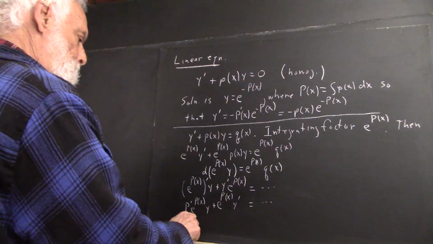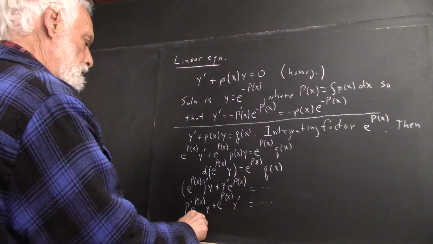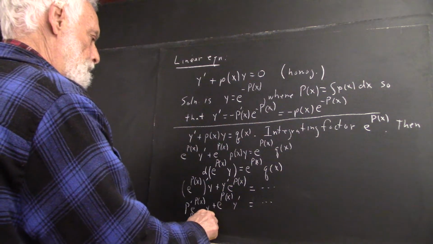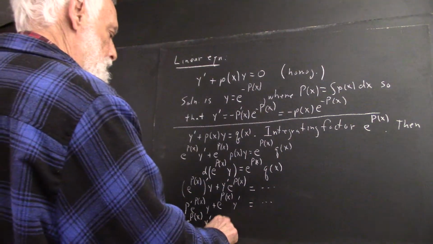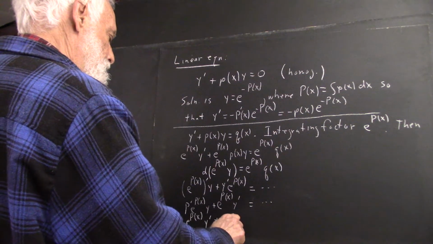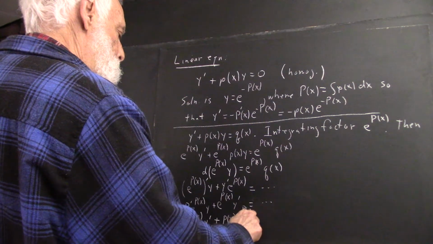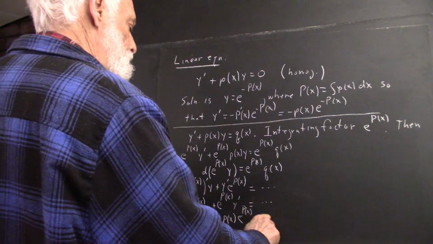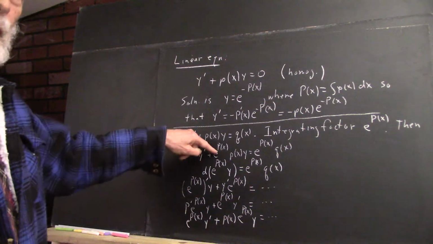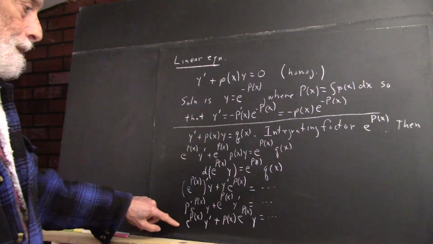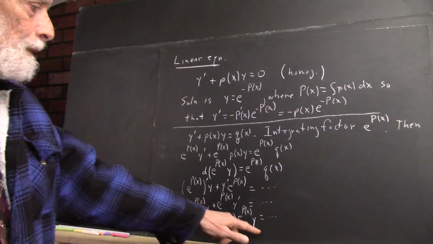So I get e to the capital P of x y prime plus little p of x times e to the capital P of x y, and this is just this. Okay, so this is the differential. So now that works out.